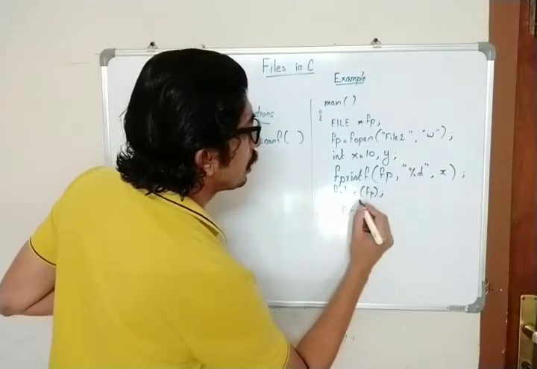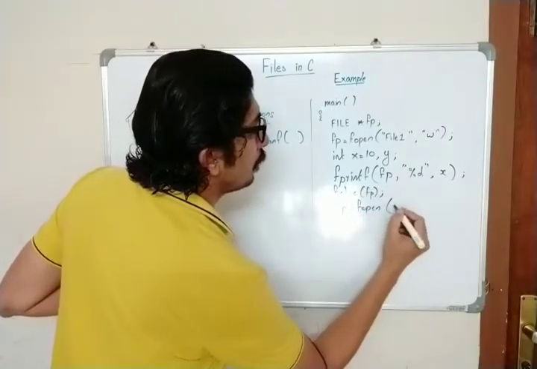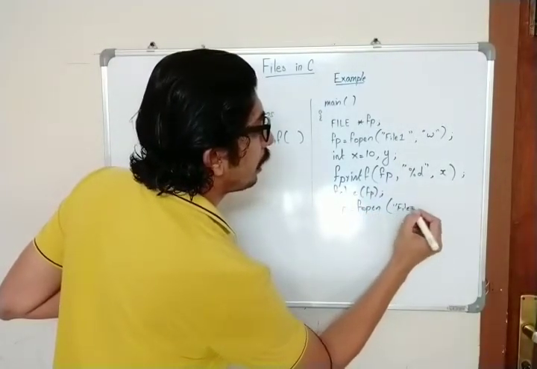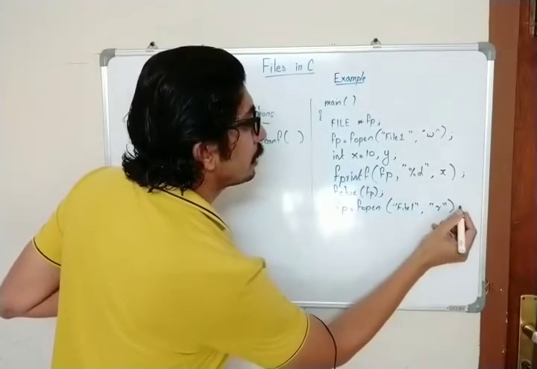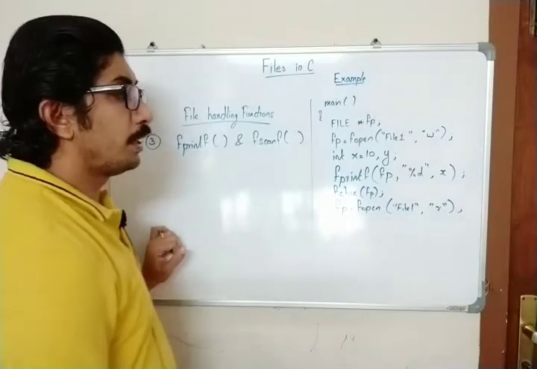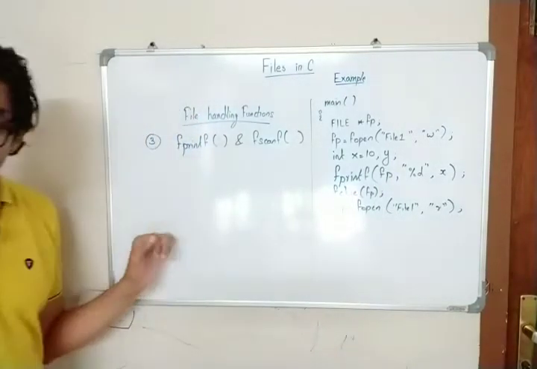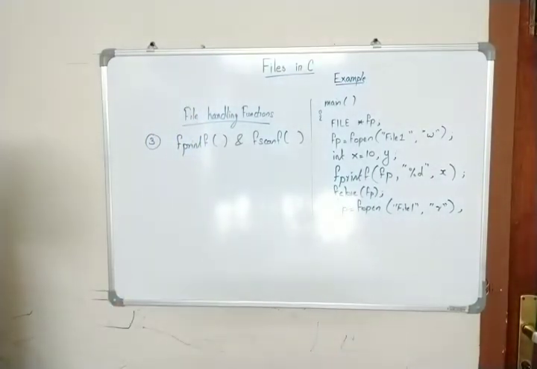So fp is equal to fopen, we indicate the file name, file1, and this time we are going to open it in read mode. Now I have to store the content into a particular variable.